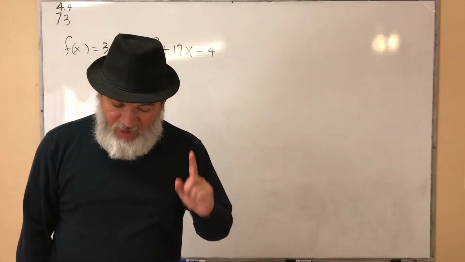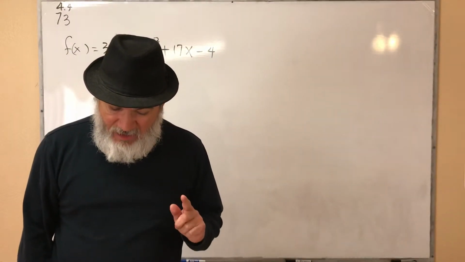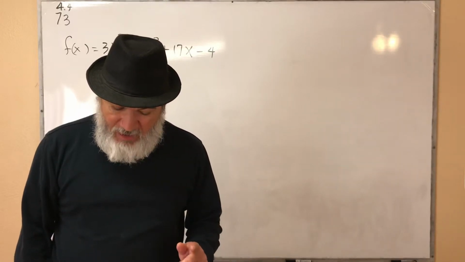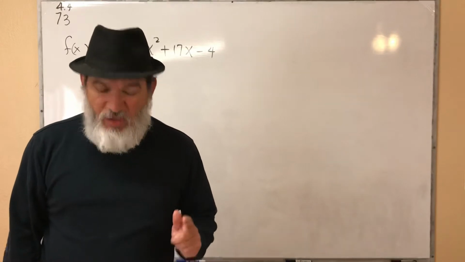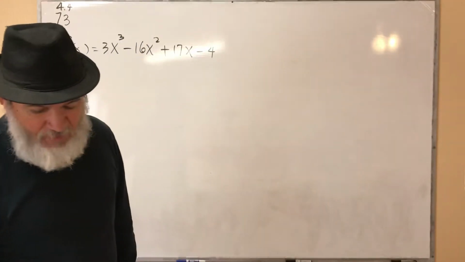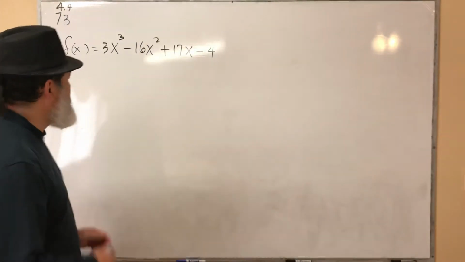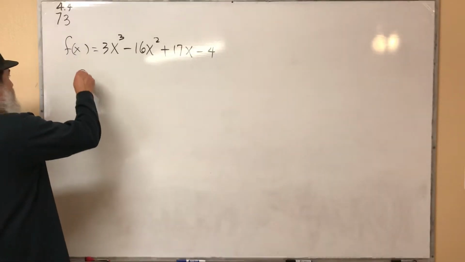But first, I'm going to show you a property called the rational zero test on page 306.